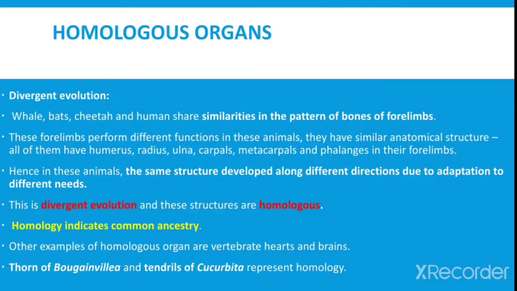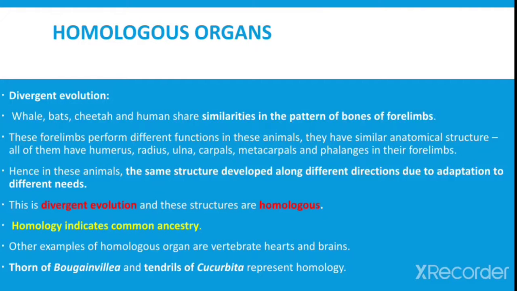So, because of different needs, the organs, that is the bones, were the same, but externally they were different, and this presence of homologous organs shows divergent evolution. Or we can say homology indicates common ancestry.